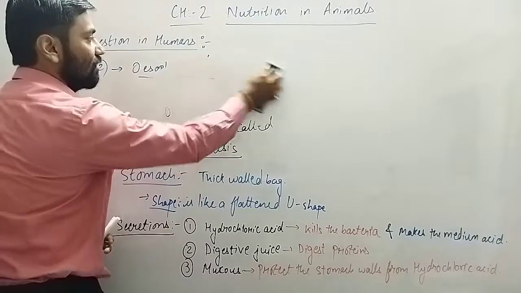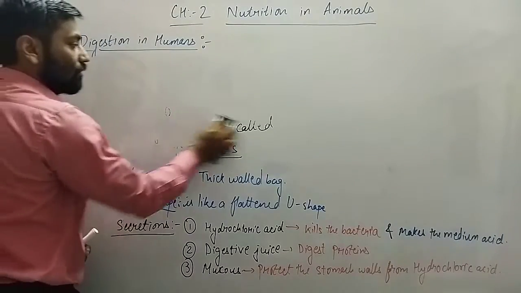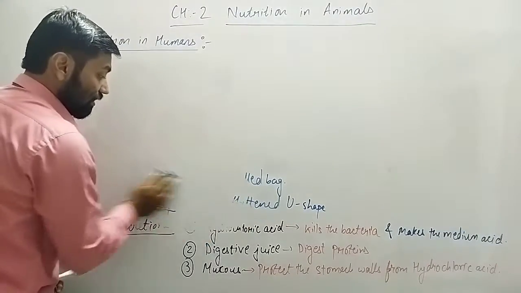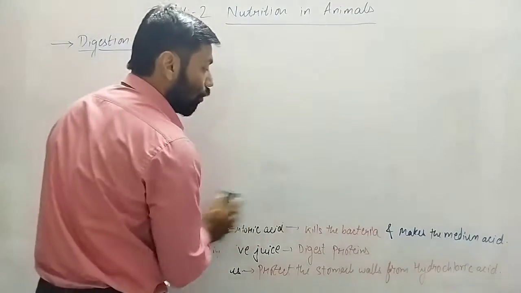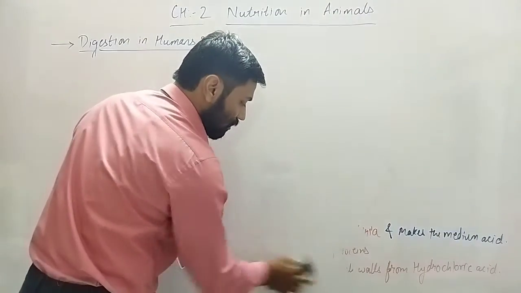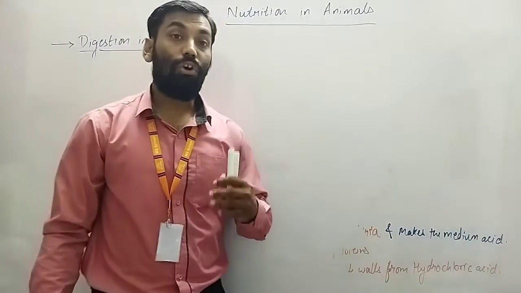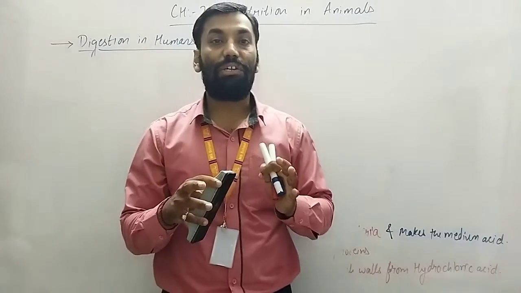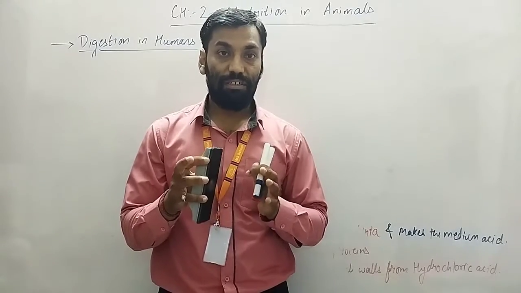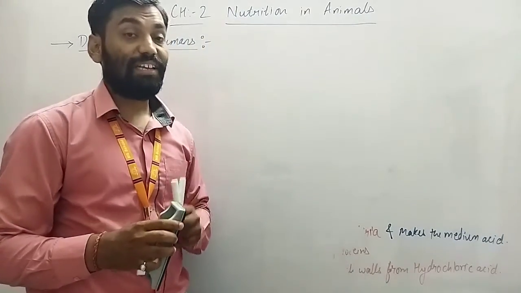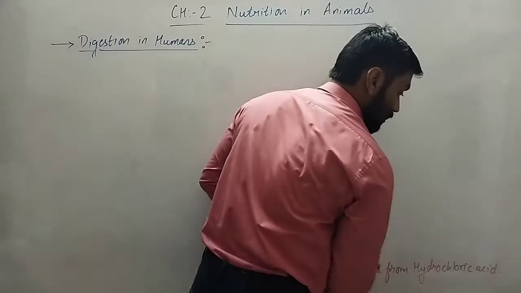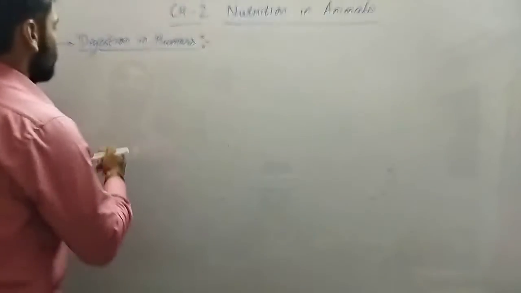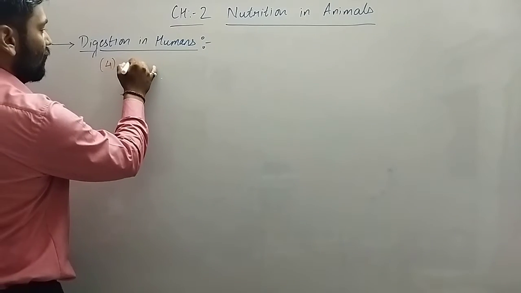The small intestine is the longest and highly coiled part of the alimentary canal. Highly coiled means there are many turns and twists within the small intestine. So we can say it is a highly coiled structure. This is the fourth part of the alimentary canal.